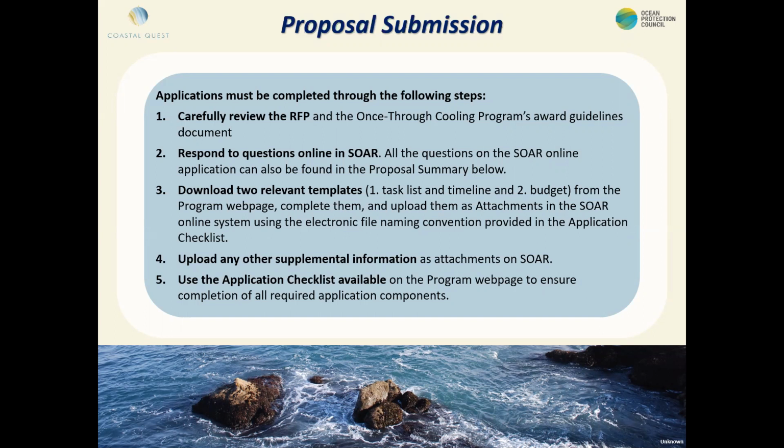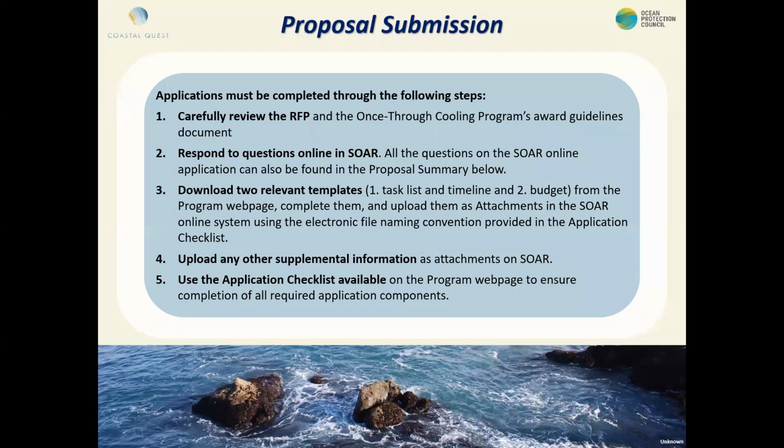Then you need to download two relevant templates, the task list and timeline template, as well as the budget template from the program webpage, and complete them, and then upload them as attachments in the SOAR online system using the electronic file naming convention provided in the application checklist.